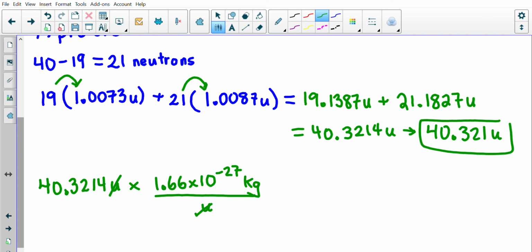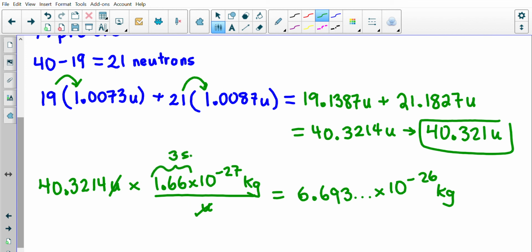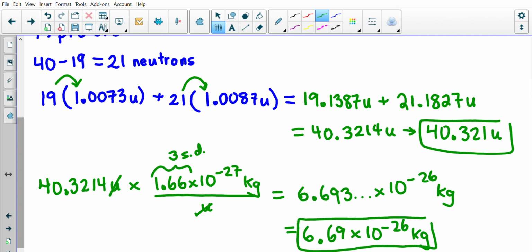If I do that, that gives me 6.693, and then it keeps going, times 10 to the negative 26 kilograms. And now we're actually going to round to 3 significant digits because this number right here had only 3 significant digits. So 6.69 times 10 to the negative 26 kilograms is going to be the answer for that one.